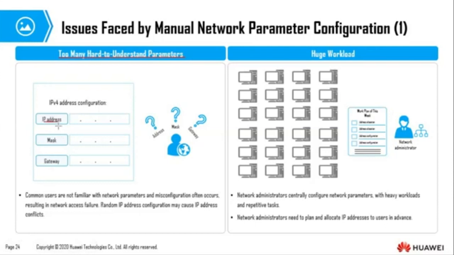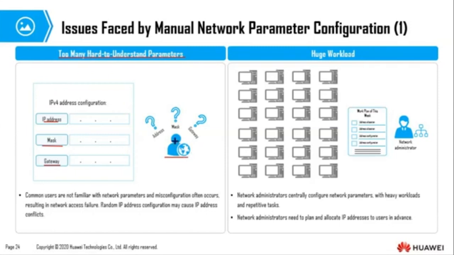You had to configure an IP address, a mask, and a gateway. We also have other parameters sometimes that you need to give. All those parameters might be difficult for your end users to know how to configure.